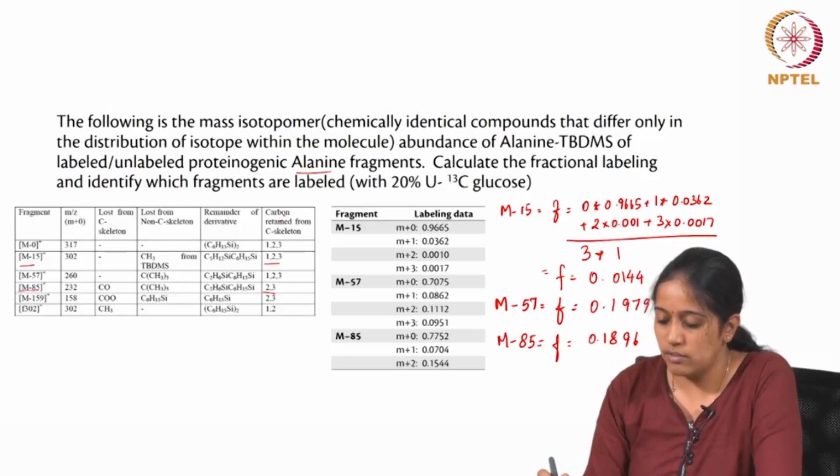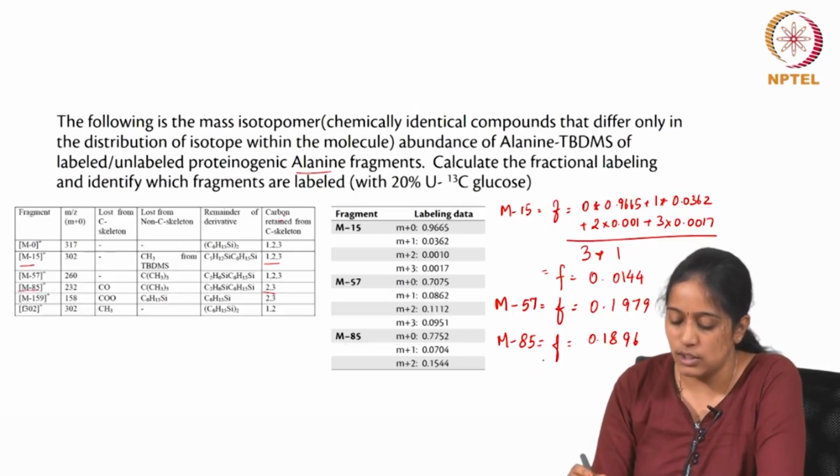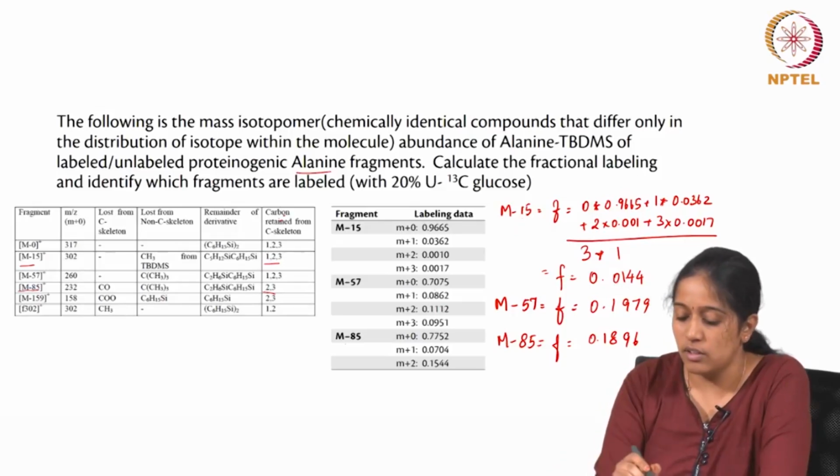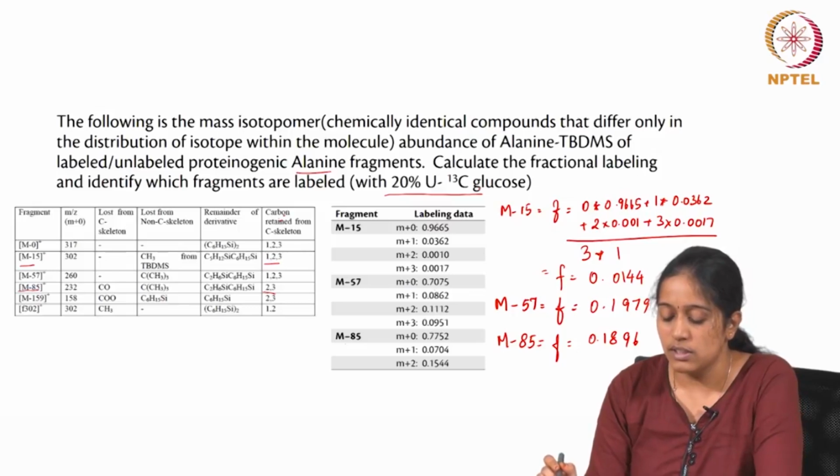Now comes the question of which fragment should I use for my further analysis. So, if you observe the values of fractional labeling of m minus 15, it is very less, that is 0.014, when I had 20% of uniformly labeled 13C glucose as my substrate.